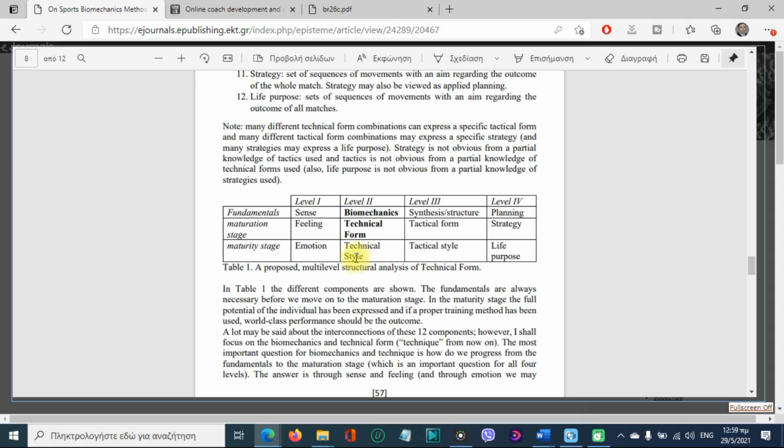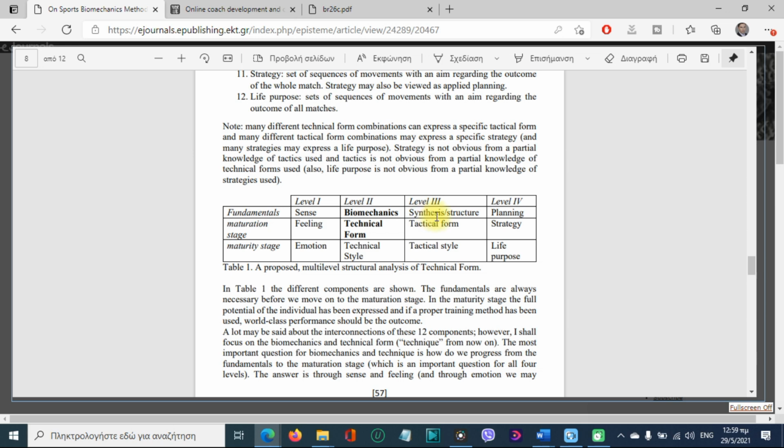What is the style? It's the adaptation of the form to our bodies and our levers and our strengths and weaknesses and so on and so forth. So the more we go down this path, the more personal something gets.